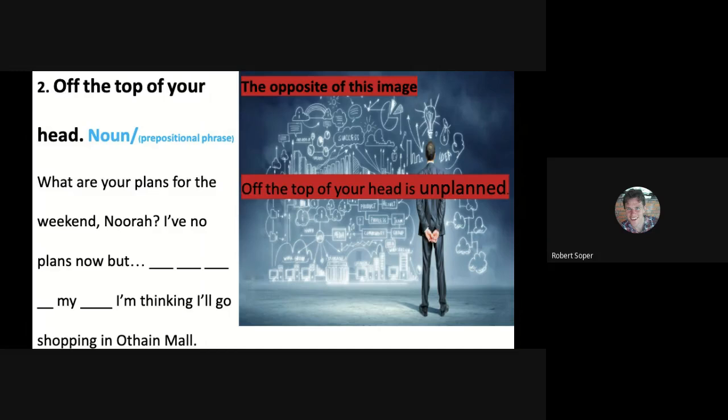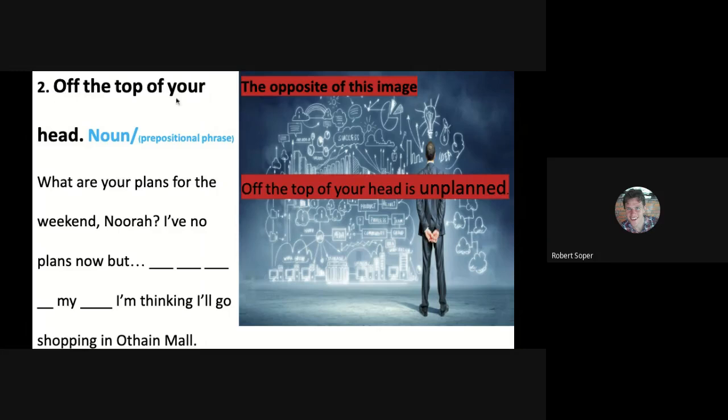So if somebody asks you what you're doing on Wednesday and you haven't really thought about it, you might just say, I don't know, but off the top of my head, I wouldn't mind going swimming. You're coming up with it on the spot. You haven't really thought about it beforehand. So that's what off the top of your head means.